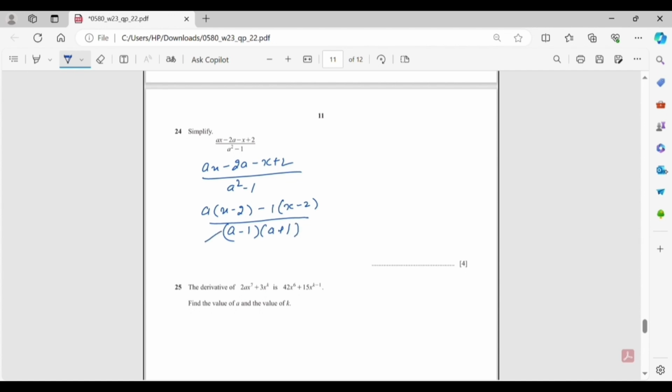Here we are using the identity x square minus y square, which is equal to (x minus y)(x plus y). Now this is (a minus 1)(x minus 2) over (a minus 1)(a plus 1).